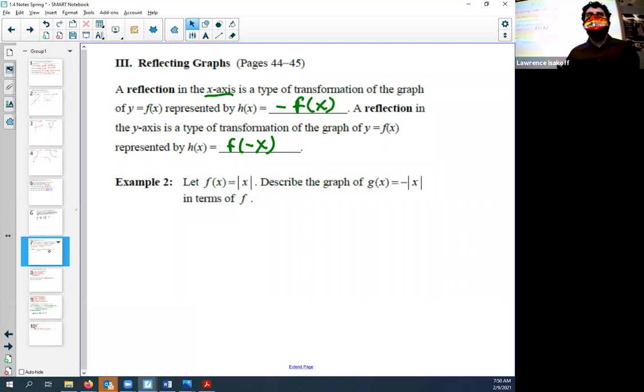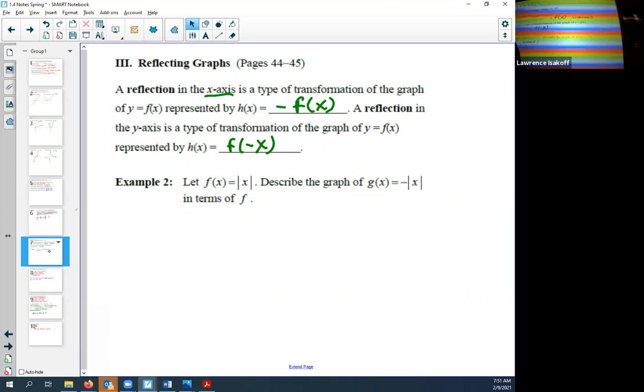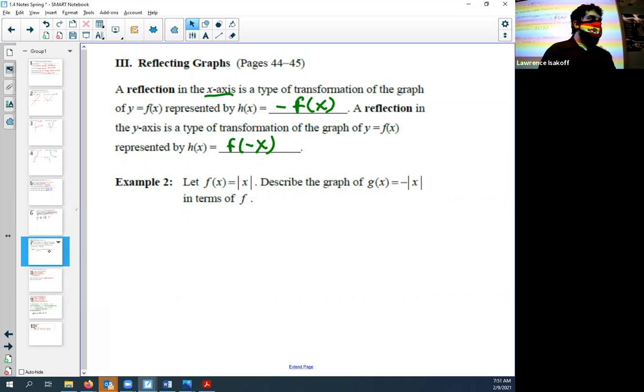If I put a negative inside, it flips it along the y-axis. A lot of our functions, or a fair number of functions, are symmetrical about the y-axis. And if that's the case, you won't even notice that happening.